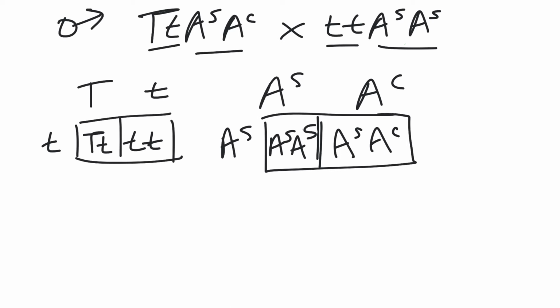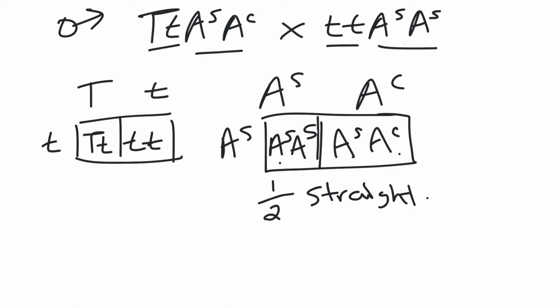Great, so now we want to look at our phenotypes: straight tail, kink tail, curly tail, and no tail. We could go through all of those, but let's just look at the tail shapes we see here. What are the possible tail shapes? We have an AS-AS, and from our other slide we had that written down, so that's straight tail. So one box out of two, or half, have a straight tail phenotype.